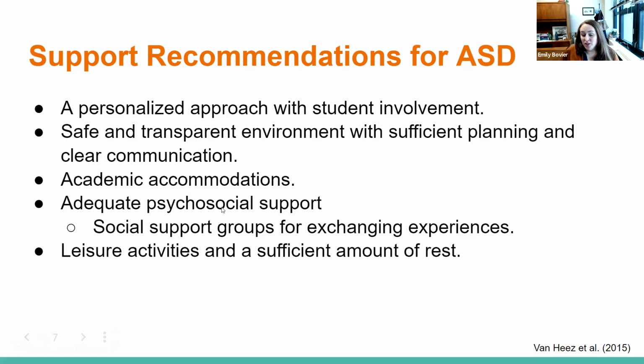And so what the research has shown in talking about this with students who are neurodiverse, especially students with autism, is that they want social support, but those social support groups should be for just exchanging the experiences that they've had as neurodiverse individuals, not necessarily social support groups on how to best, quote unquote, fit in with a neurotypical world, right?